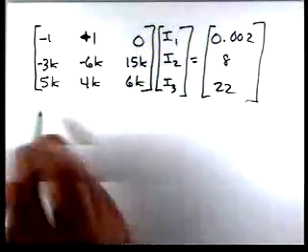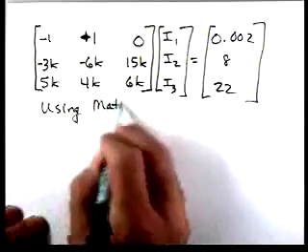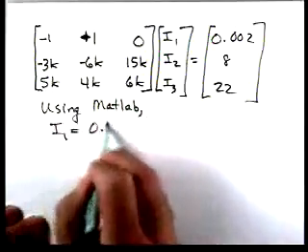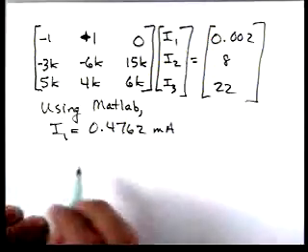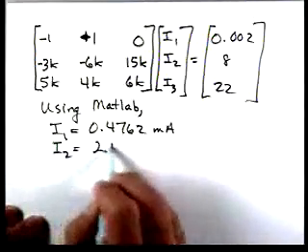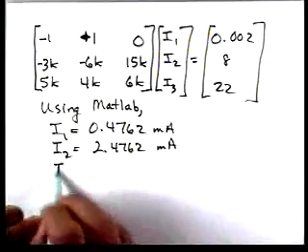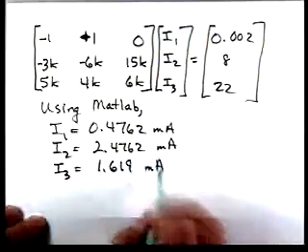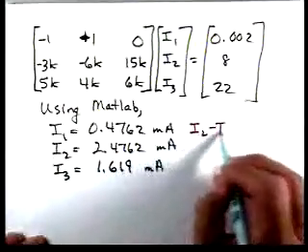And using MATLAB, we get I1 equal to 0.4762 milliamps. I2 is 2.4762. I3, 1.619 milliamps. Notice that our constraint equation checks here.